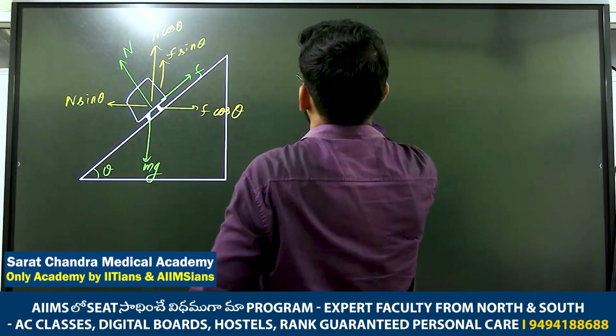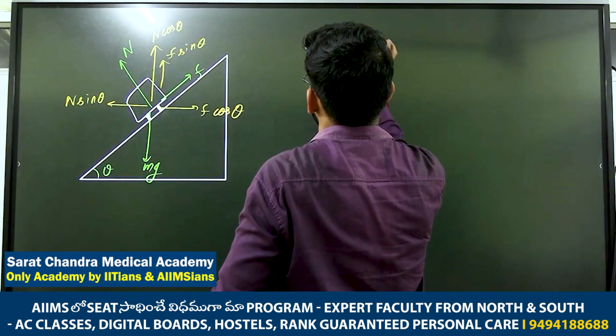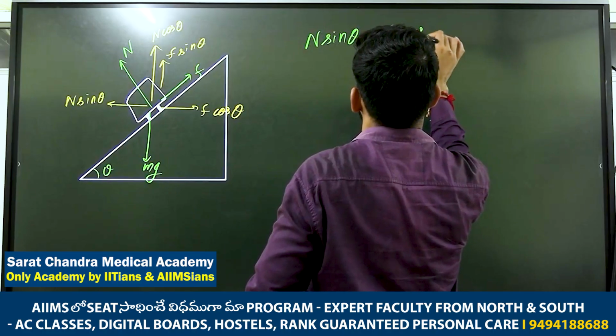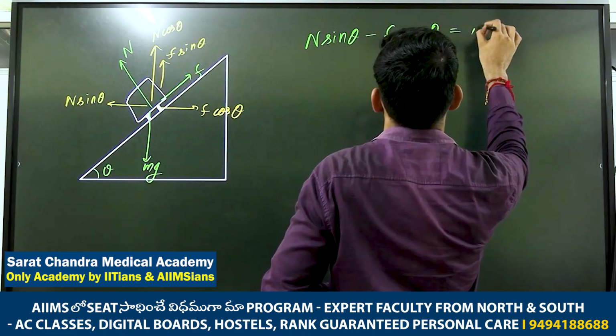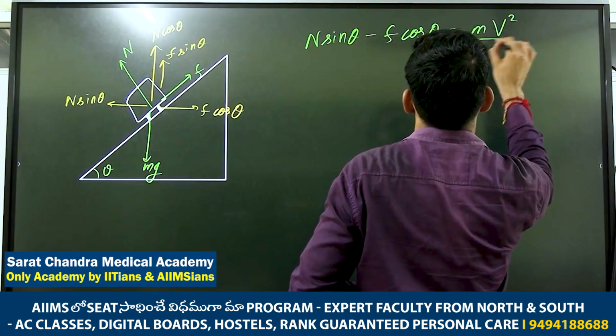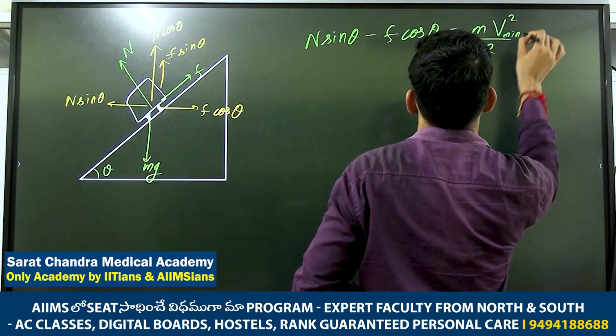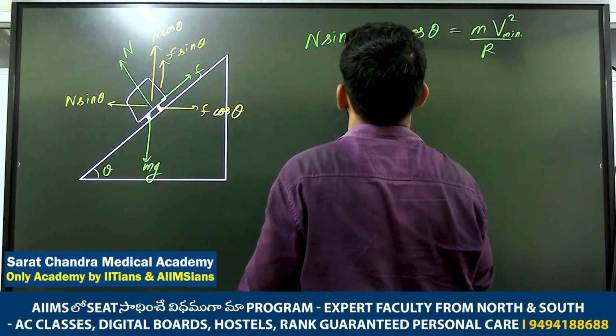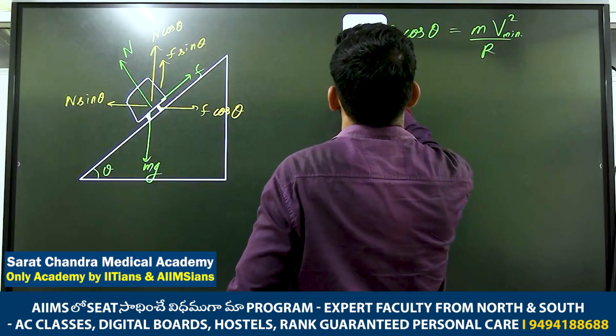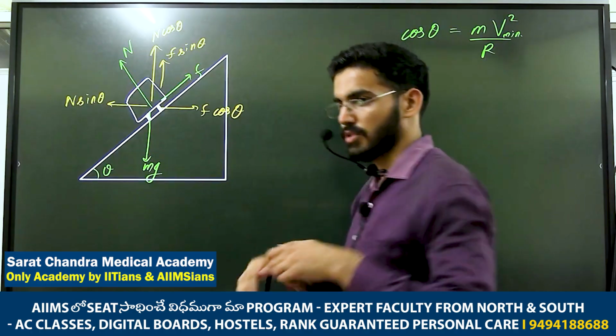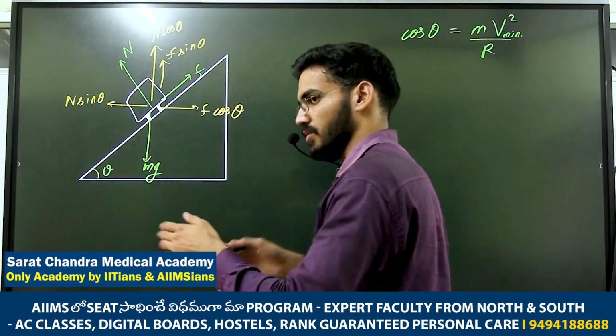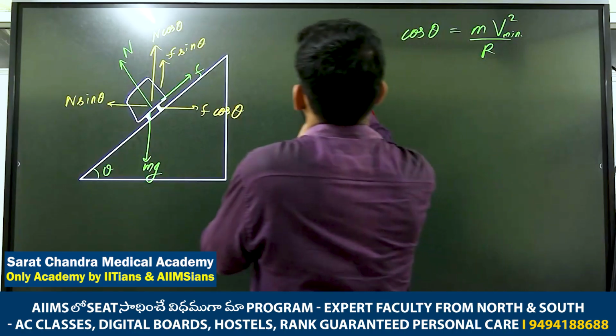So what is that? N sin theta minus f cos theta is equal to mv square by r. Here V minimum we want to find out. Okay. So if we want to find V minimum, then we will use the friction maximum, right? Because I will reduce my speed. So friction I will use maximum possible. So what is that?